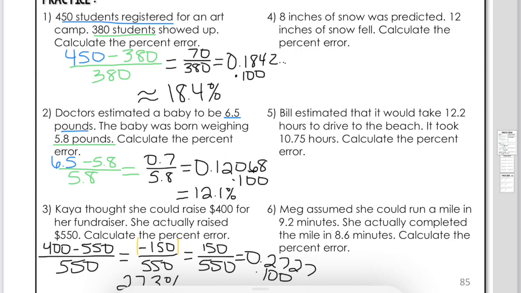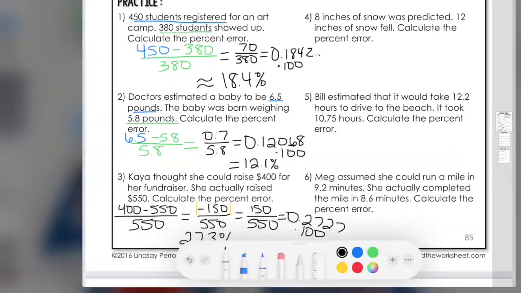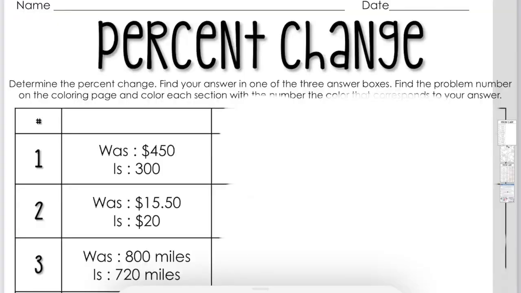So let me move to percent change. Percent change will be your new amount minus your original amount, and you divide that by the original amount.